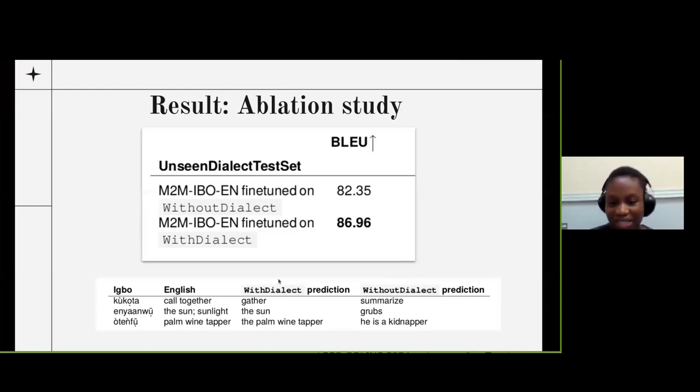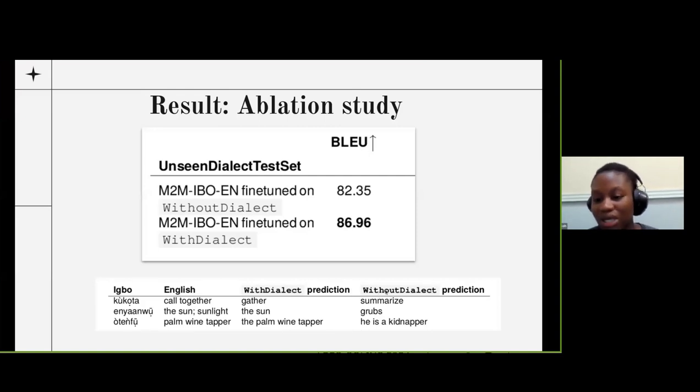But looking at the table below, you will see how important it is, how using the model that has dialectal sentences and the one that has non-dialectal sentences affects the result of the translation. For example, kokota is a word that says call together. If you look at the prediction when you are using the model that we fine-tuned with dialect, it gets the result correctly.